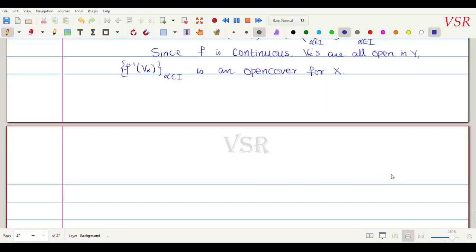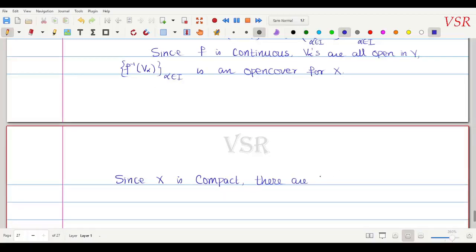Since capital X is compact, there is a finite subcover.